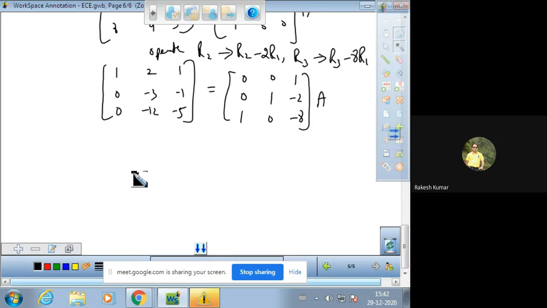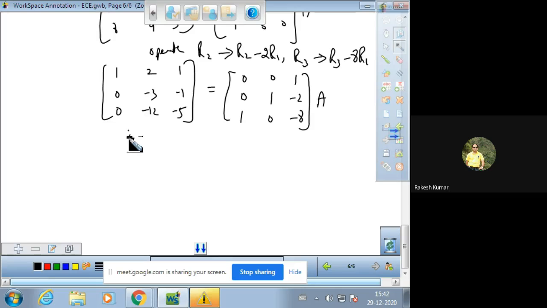Now what we need here: this is a minus 3 and here this is a minus 5. Because we know that what we require is 1 here, and similarly we require 1 here.